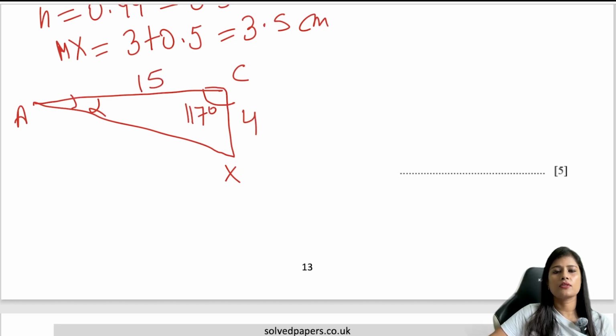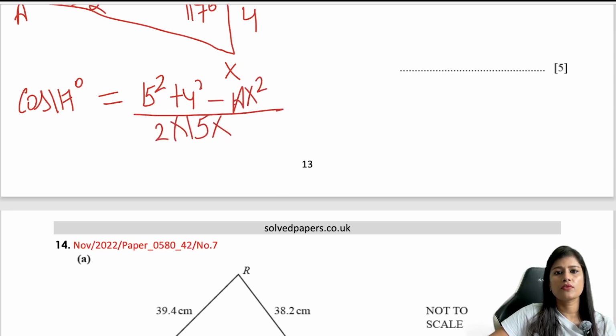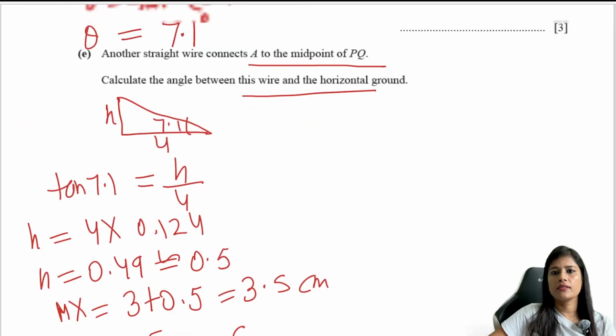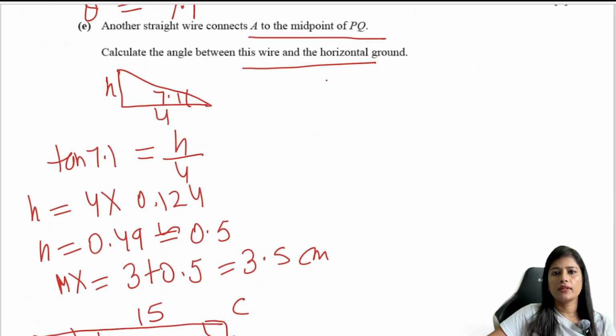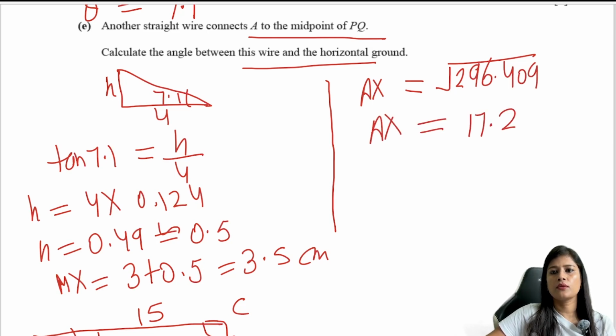I can use cos formula to find out the value of AX. So cos 117 degree is 15 square plus 4 square minus AX square divided by 2 times 15 times 4, and if I simplify I will get square root of 296.409. So AX will be 17.21.